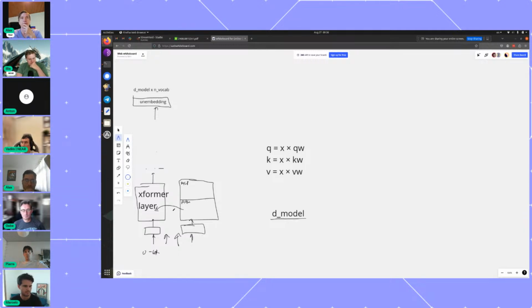And then after you compute Q, K, and V, the actual output of the attention, if I don't mess it up, will be something along the lines of softmax of Q times K transposed, times V. Okay.